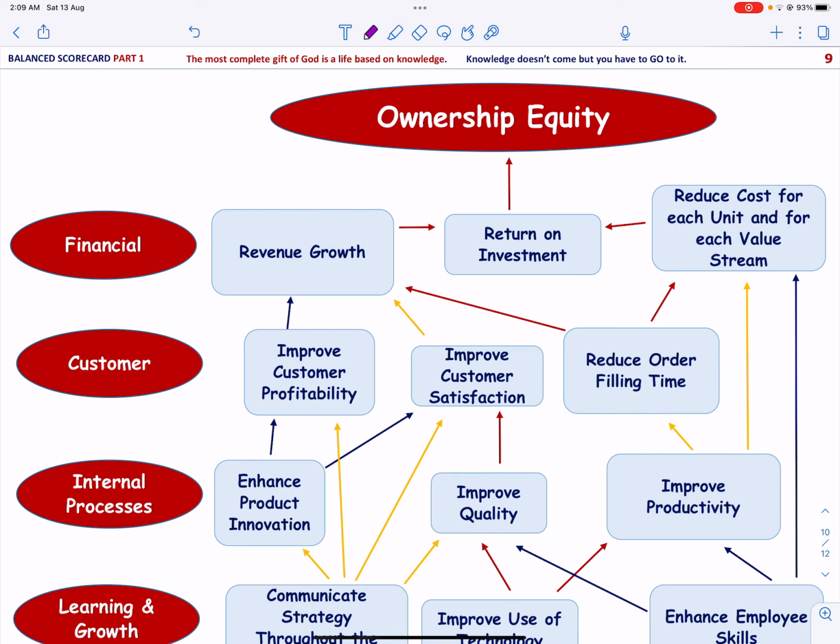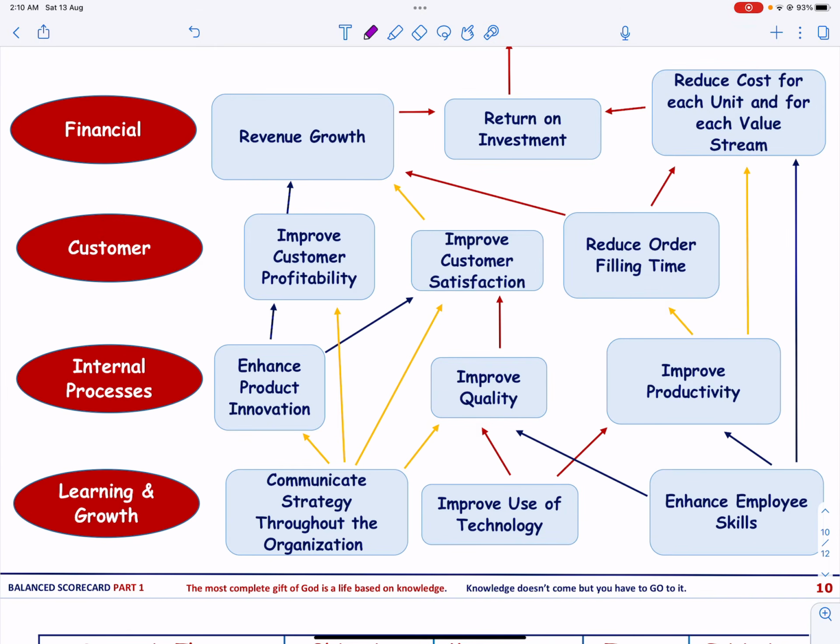So the company will start with learning and growth. That means the company will enhance the employees' skills by training. So if the employees' skills are enhanced, it will improve the productivity, which is part of the internal process.